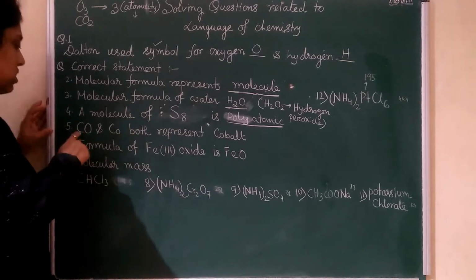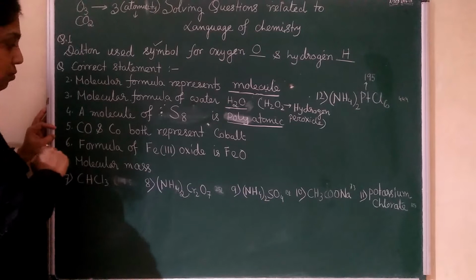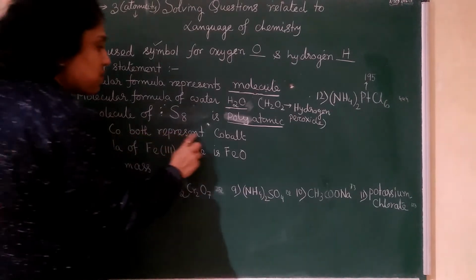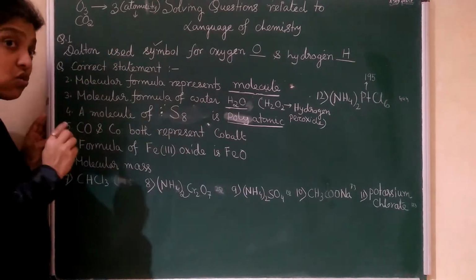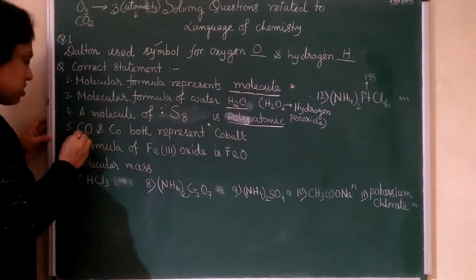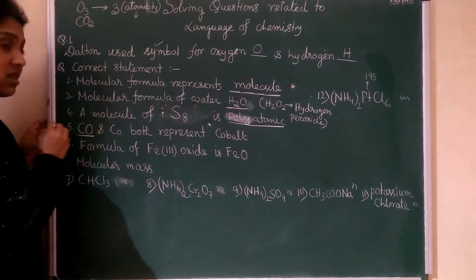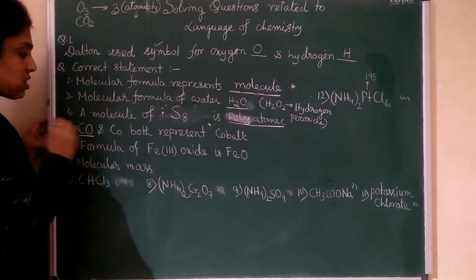Next one, CO and C with a small letter o. Both represent cobalt. Is it true or not? No, it is not true, because CO when both are capital is carbon monoxide.